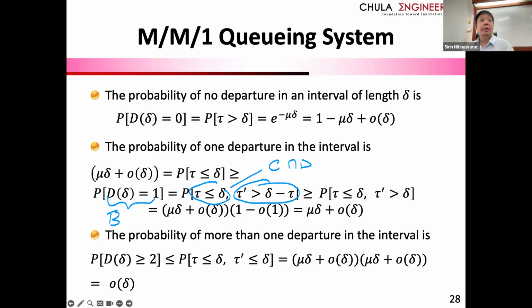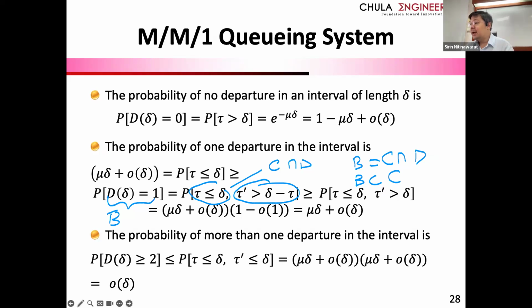Tau has to be less than or equal to delta, as well as tau prime has to be larger than delta minus tau, right? So in other words, B is equal to C intersect D, right? So if I keep only C, then C will subsume B, but C itself need not equal B, right?